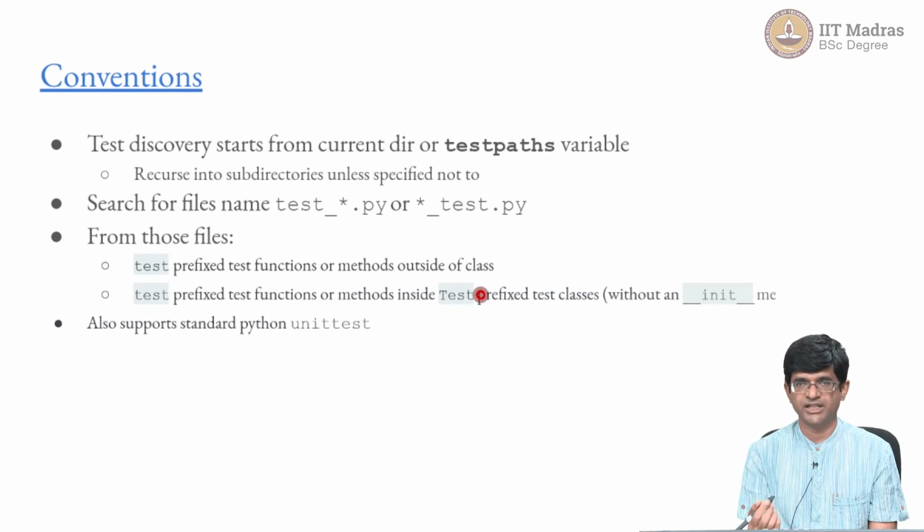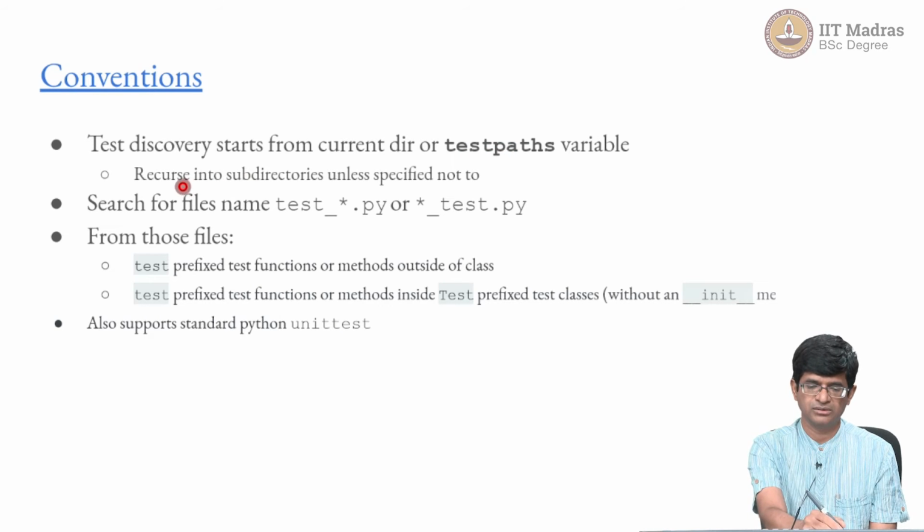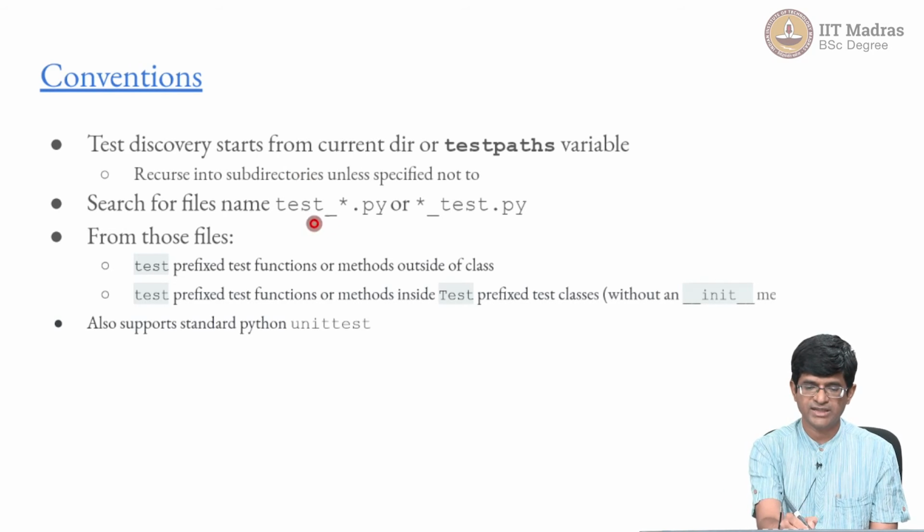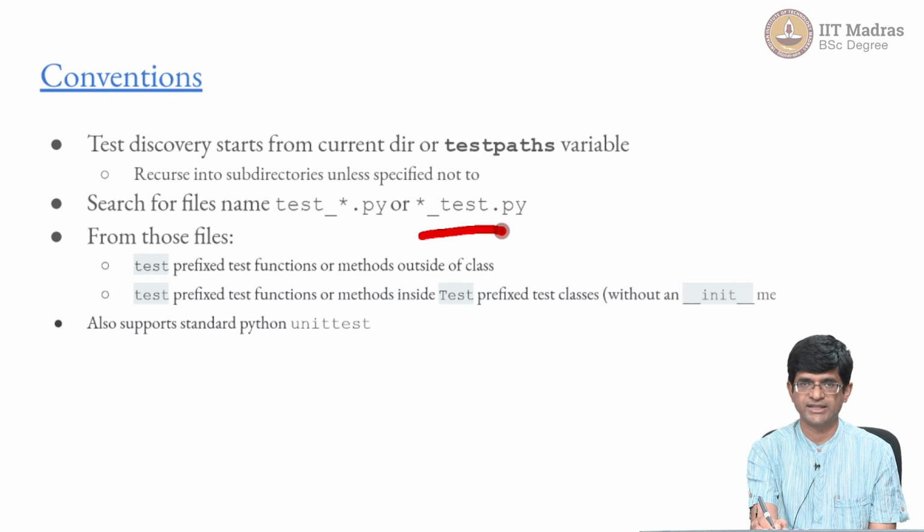There are a few conventions that pytest follows. For example, test discovery starts from the current directory, or there is another variable called testpaths that can be used. Usually it will recurse into the subdirectories, meaning that it will go into the subdirectories and look for any file named test something.py and try to run tests within that. What it's going to look for is files that are named test_something.py or something_test.py.